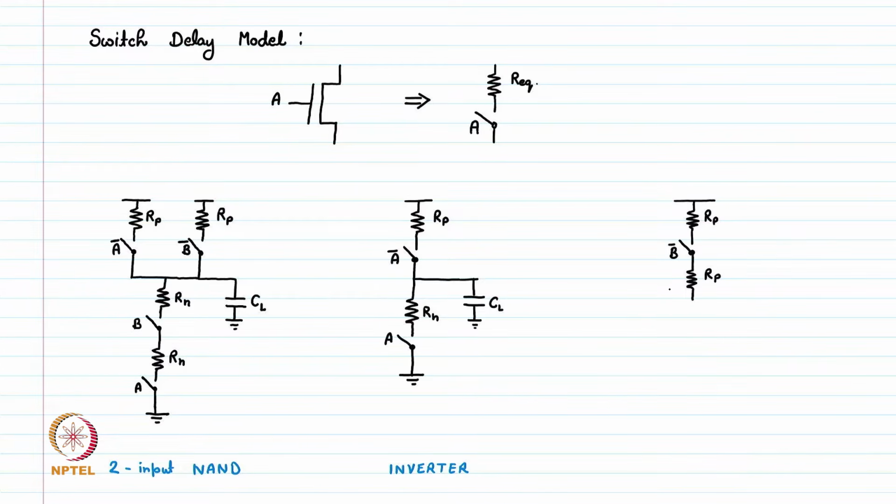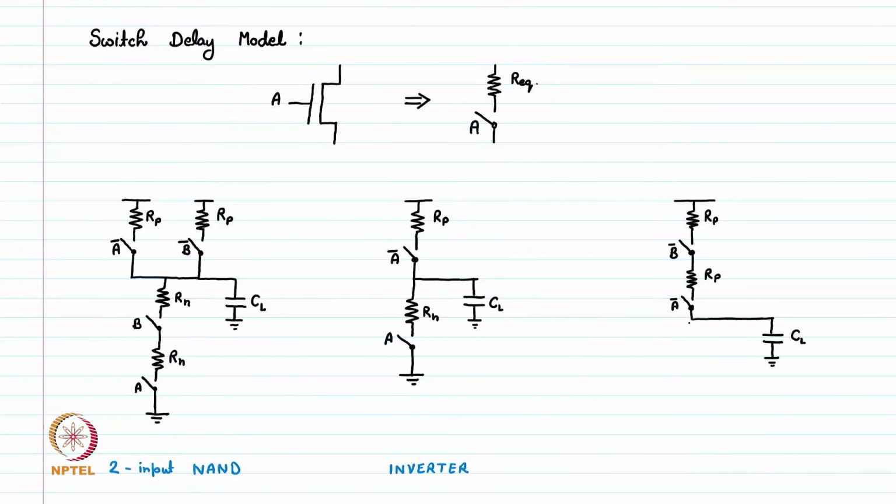Again, assuming width and length are same, this is Rp and the control signal is A bar, and then we have this output node with a load capacitance CL.